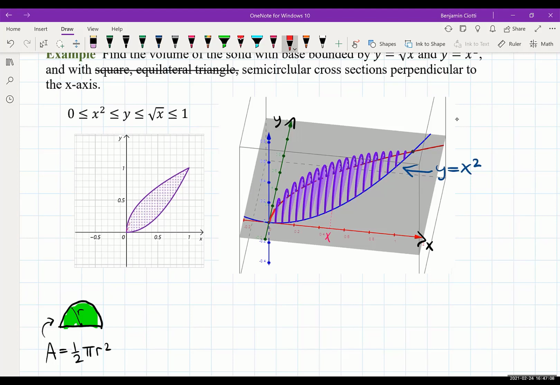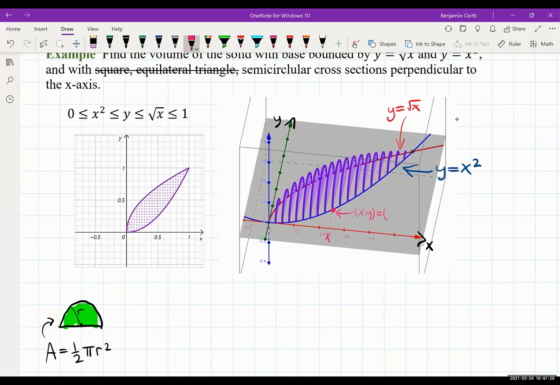On the red line, that red line is where y is equal to the square root of x. So above our point x, I can find the coordinate of this point.